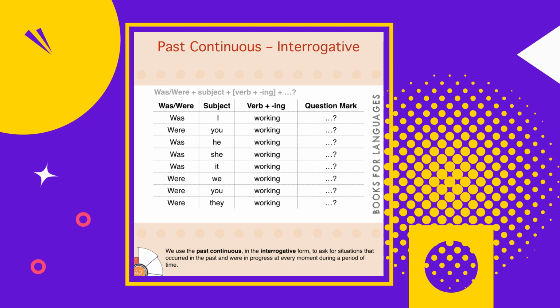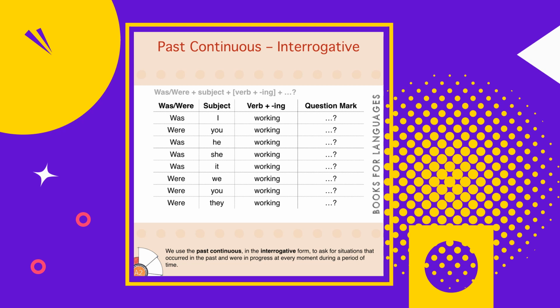Rain plus ing is your verb. Next one is, were you going to the temple? Go plus ing. So were you going to the temple? Question mark. Similarly, we'll say, were we going to the temple? And the last one will be, were they writing exam?